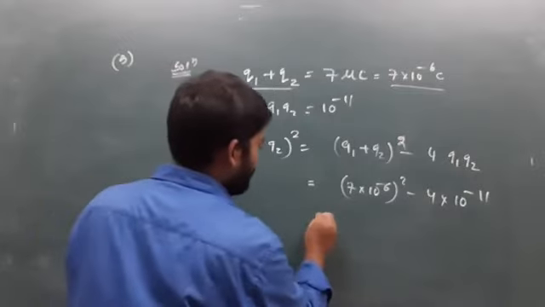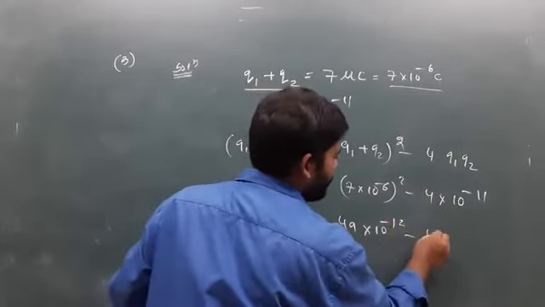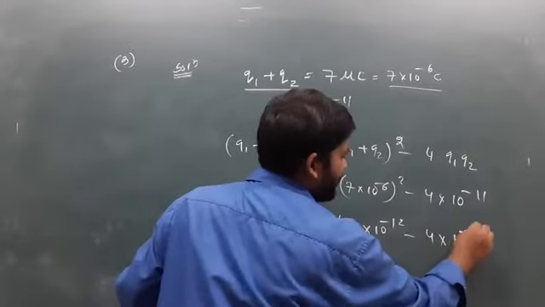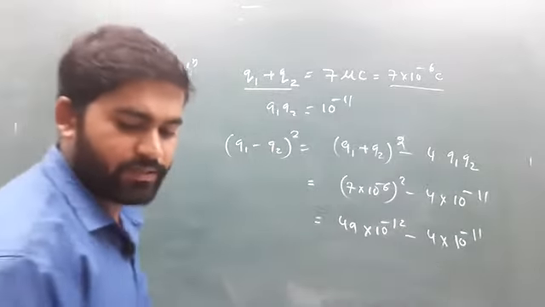So that will be 49 into 10 to the power minus 12 minus 4 into 10 to the power minus 11. Let us make the calculation.